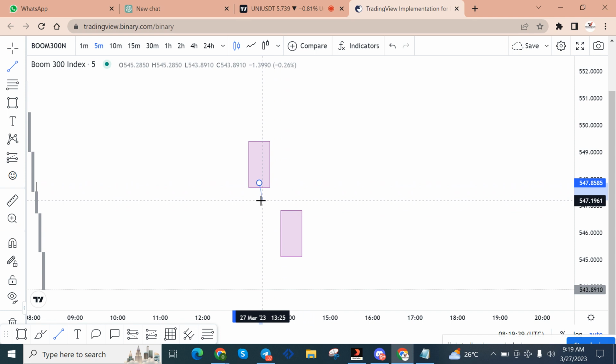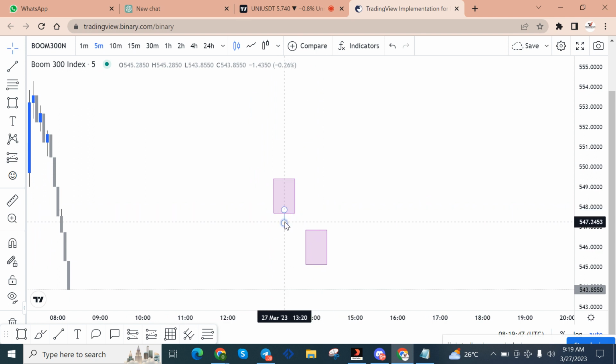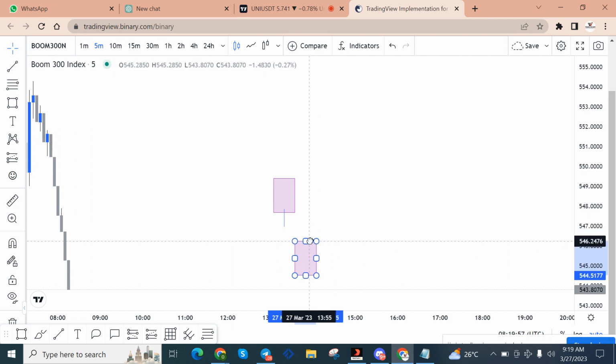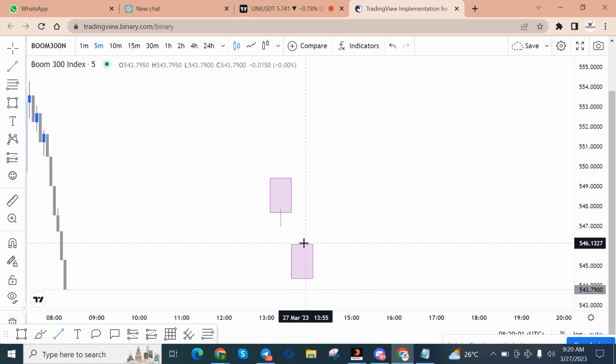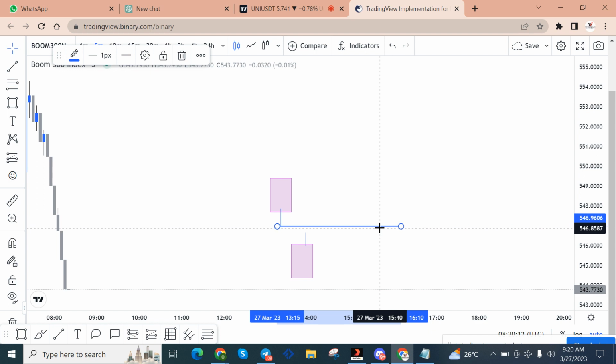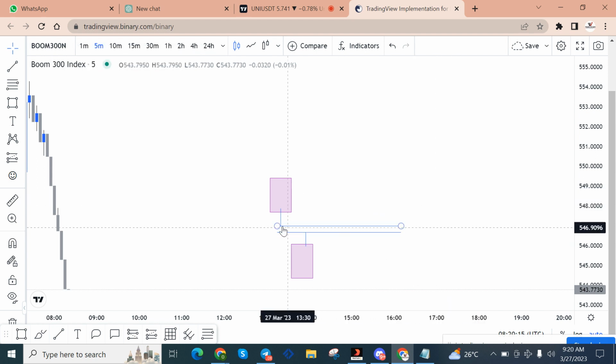You can see this, and then you can see the space between these two wicks. That is what we refer to as what? Fair value gap. Where two candle wicks do not touch each other. You can see this particular wick and this particular wick, they did not touch each other. So the spacing between them is what, a fair value gap.